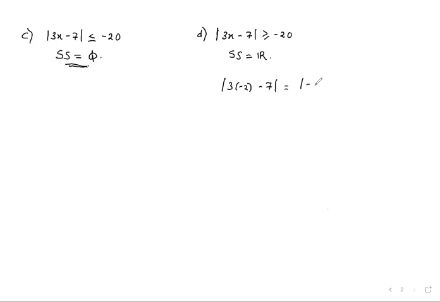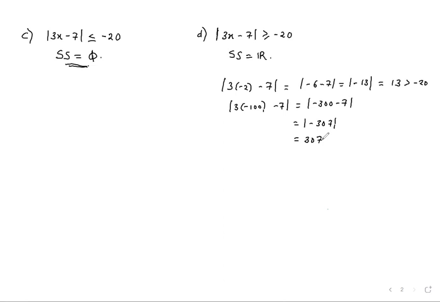This is negative 6 minus 7, which is negative 13, which comes out of the modulus as positive 13. Positive 13 is greater than negative 20. What if I choose negative 100? It doesn't matter. 3 times negative 100 minus 7 is negative 300 minus 7, which is negative 307, which comes out of the modulus as 307. Okay, I understand.